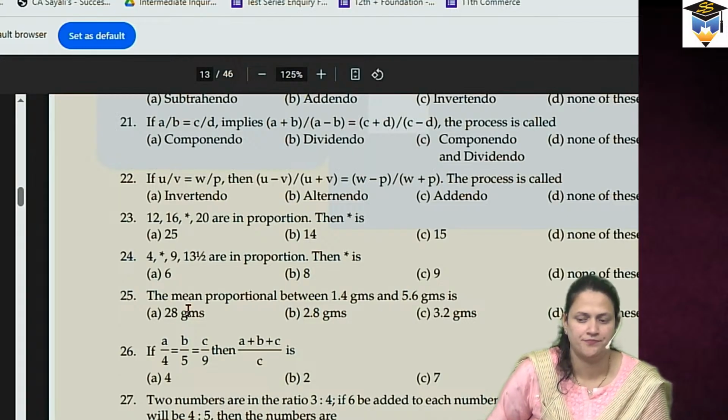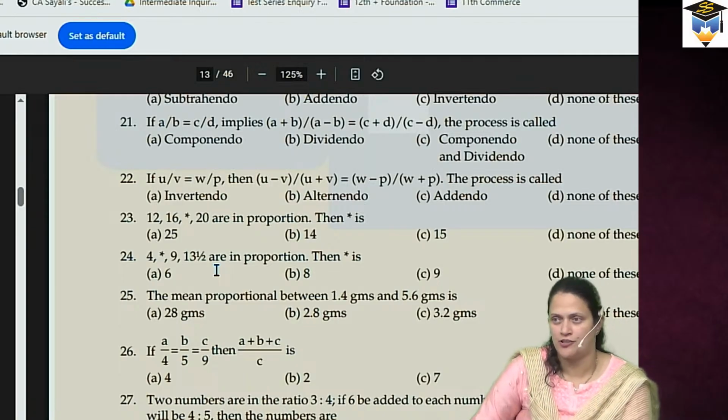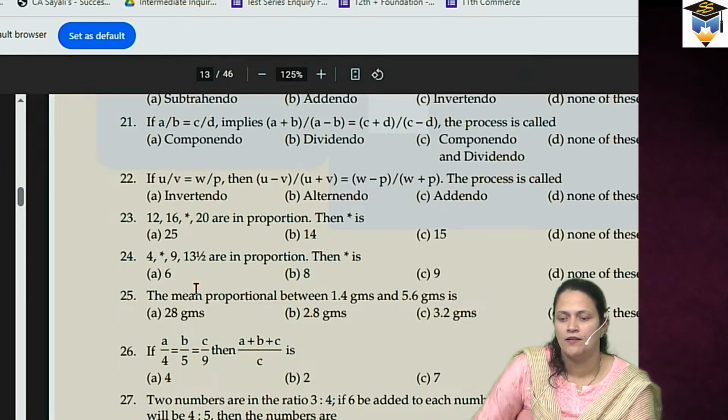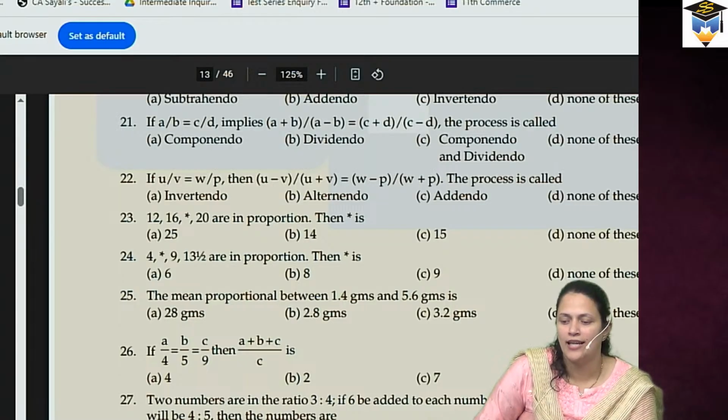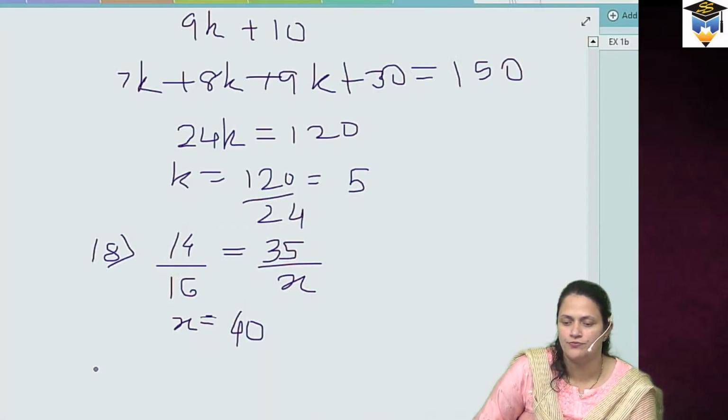24th. 4 upon x is equal to 9 upon 13 integer 1 by 2. I've converted the mixed fraction to an improper fraction: 4 upon x is equal to 9 upon 27 by 2.